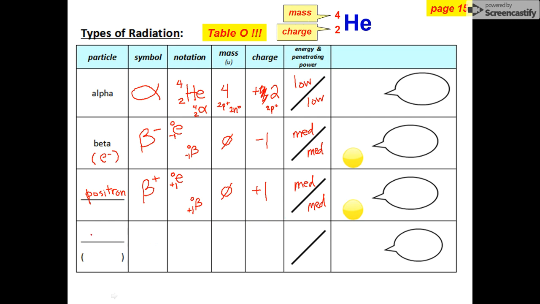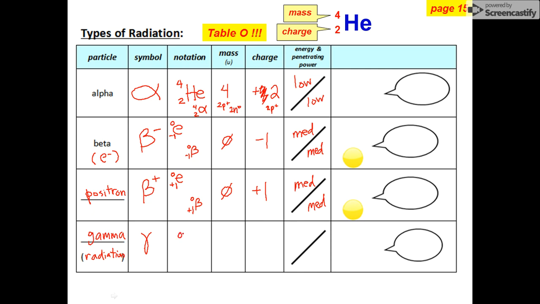Okay, finally, the last important particle is actually a form of energy. This is gamma particles, or can also be called gamma radiation. That is more correct, gamma radiation. Okay, and the special symbol for this is a Greek letter gamma. Looks like a fish standing on its head.